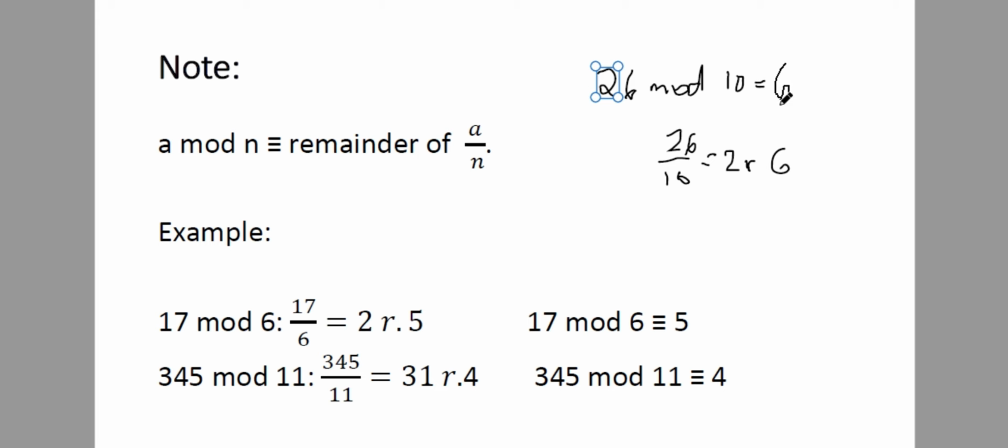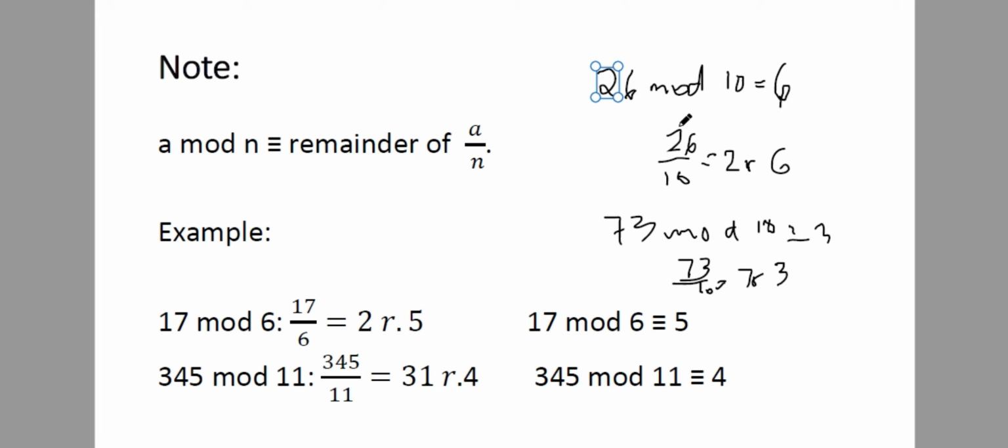So this is equal to 6. If it's 73 mod 10, then 73 divided by 10 is 7 remainder 3. So this is actually equal to 3.